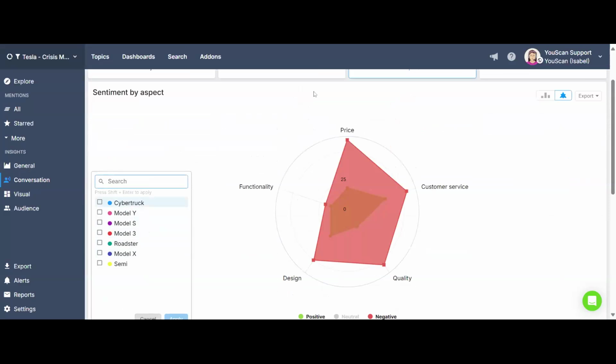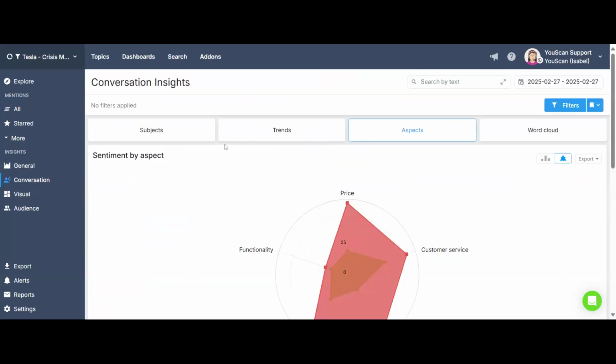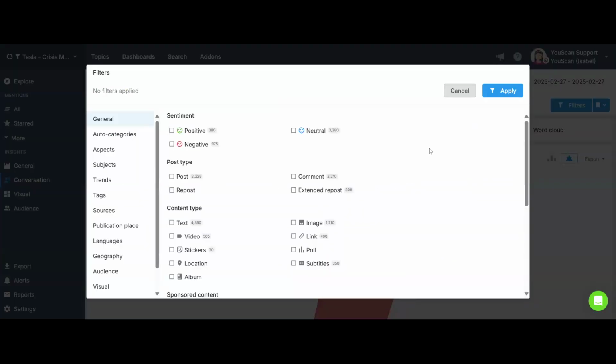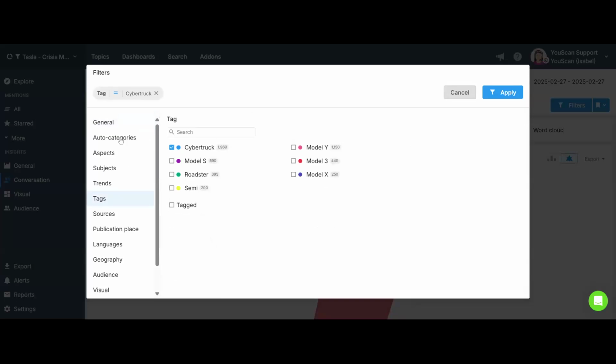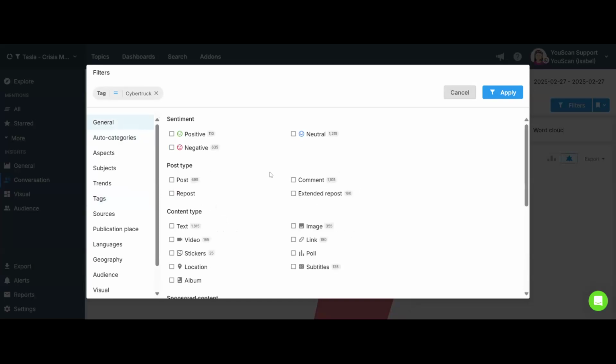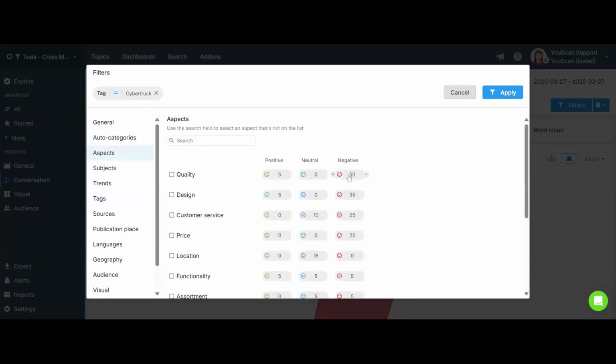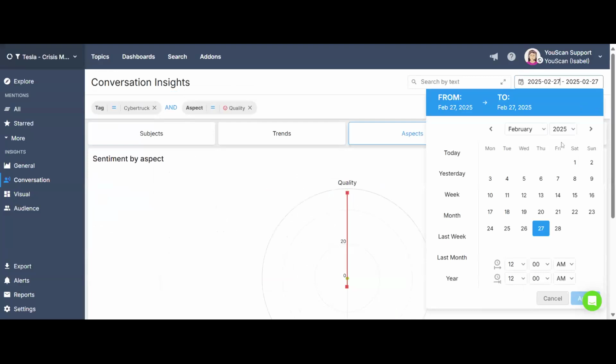Cool, great. So let's keep going. How can we get even deeper into this data? Well, I am analyzing the main conversations related to Cybertruck and the negative quality. Let's go to aspects and filter the negative quality for the last 30 days.